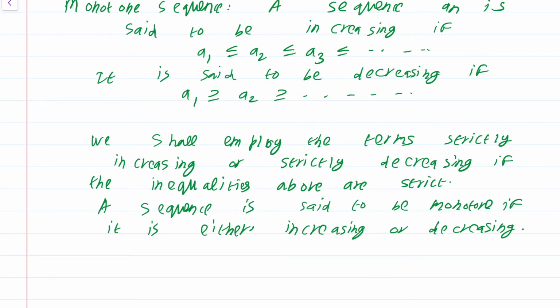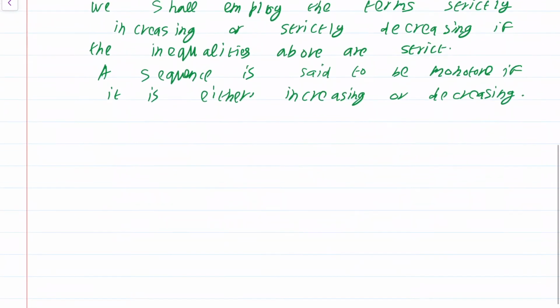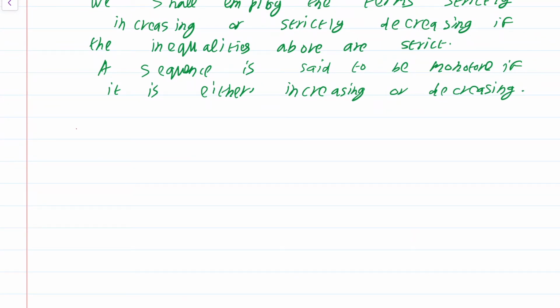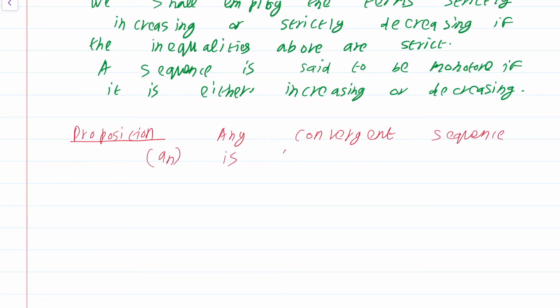Now we have a very simple proposition about convergent sequences. Any convergent sequence a_n is bounded, and the proof is very easy.